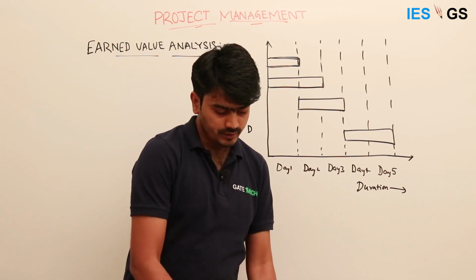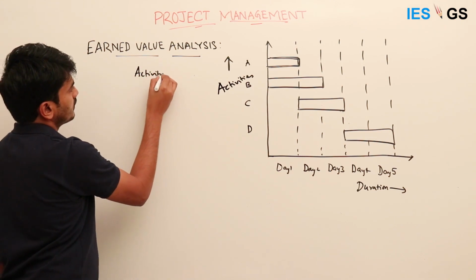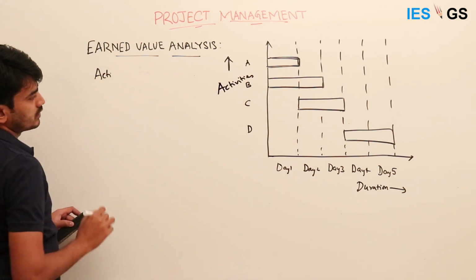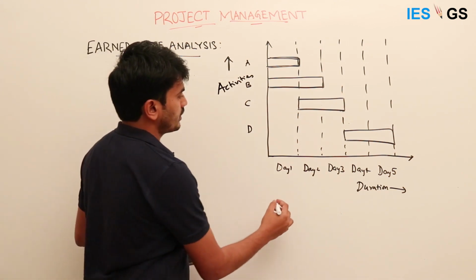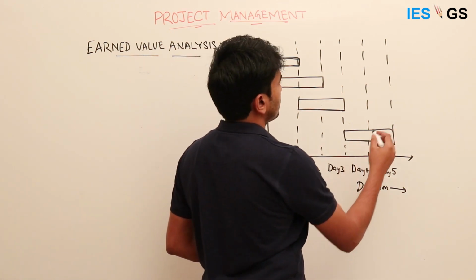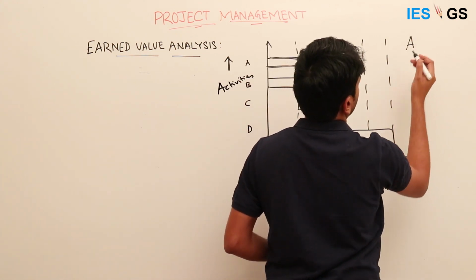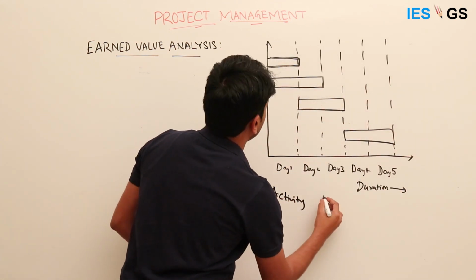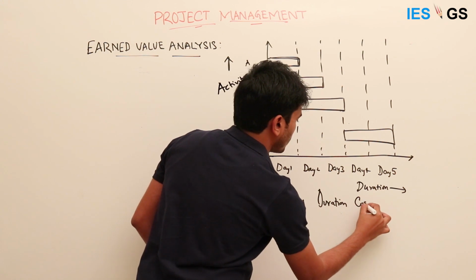Let me write that down here: the activity, the duration, and then the cost.